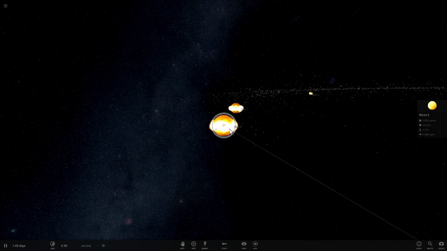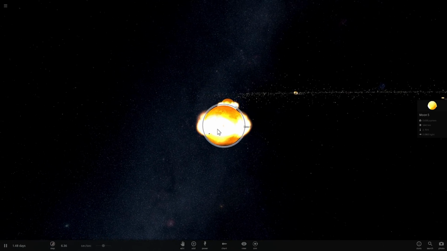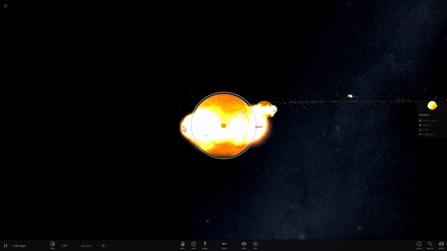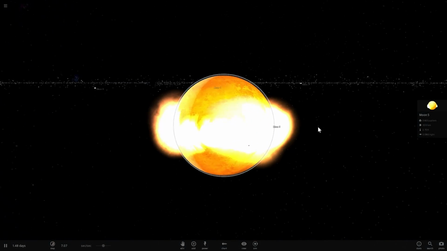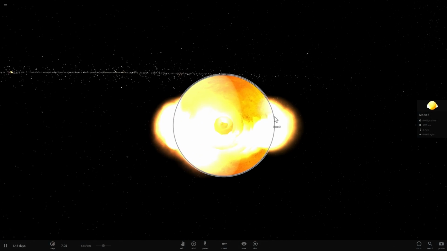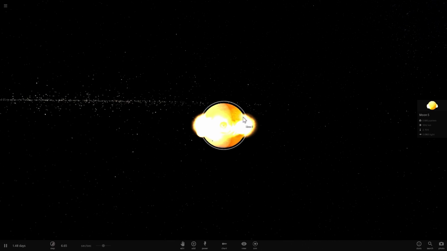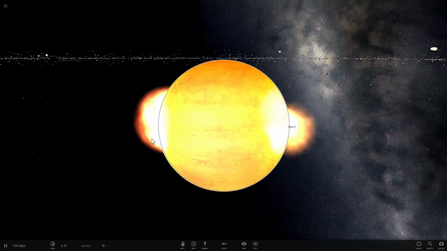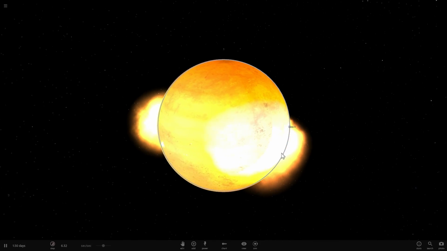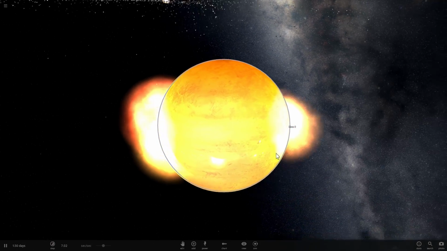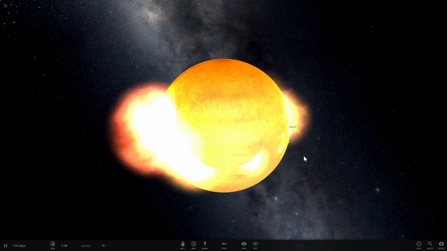So here we go. The reason why they're so hot is because all of this gas is colliding into them. It's creating these huge, massive explosions on the surface. And this is really what's happening here and why they're all on fire. Here you can actually see the explosions as they occur as the gas accumulates on the surface. So these explosions are from the chunks of hydrogen colliding with Jupiter.